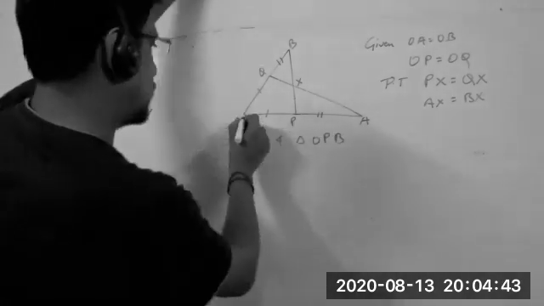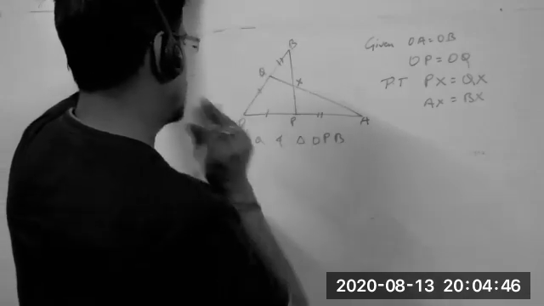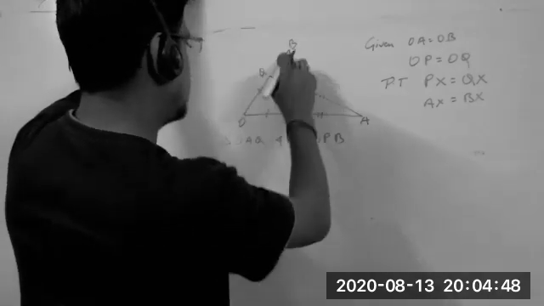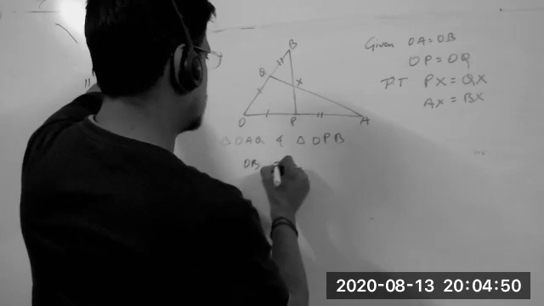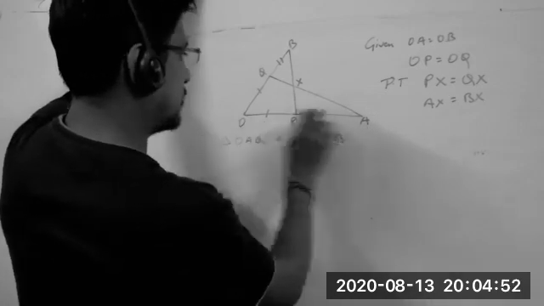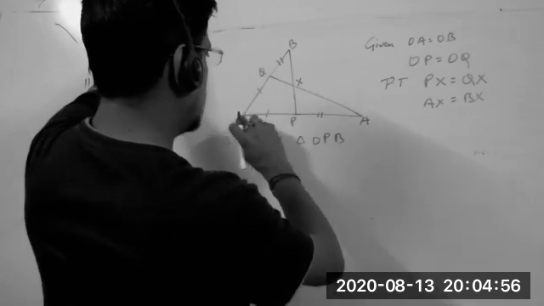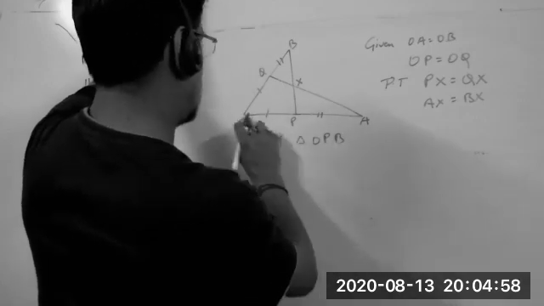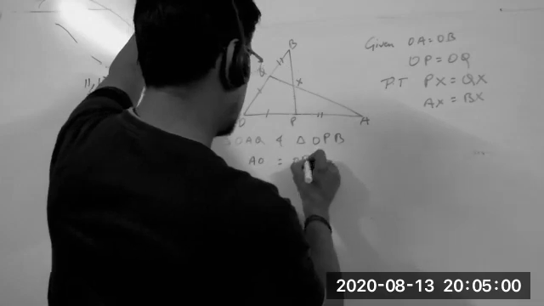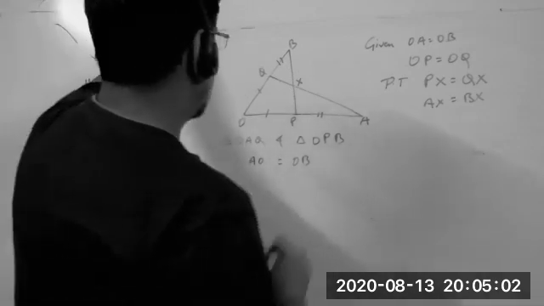In OPB, OB is equal to OA. AO is equal to OB. Okay, both are equal. ठीक है, one thing is done.